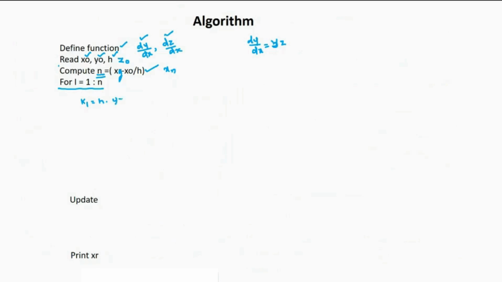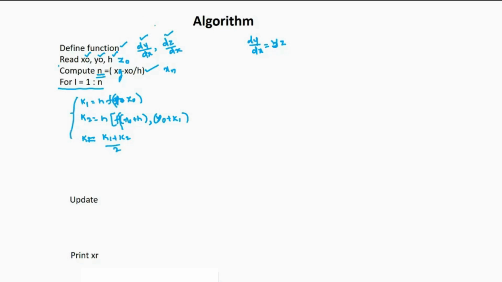Simply you write the yz function here, so you write y naught into z naught, and k2 is equal to h into f of x naught plus h, y naught plus k1. So these are the two equations, and then you have to find k, which is equal to k1 plus k2 by 2. So this is for one equation.